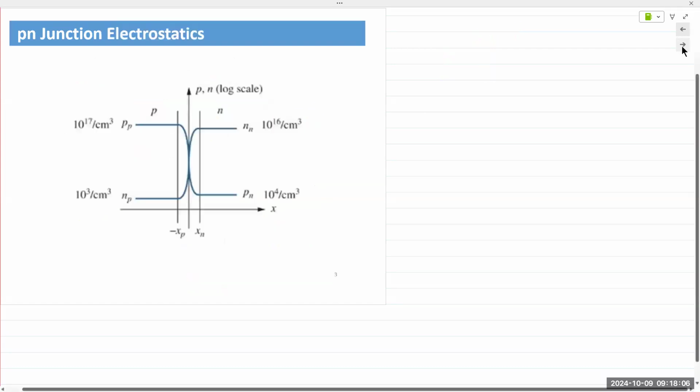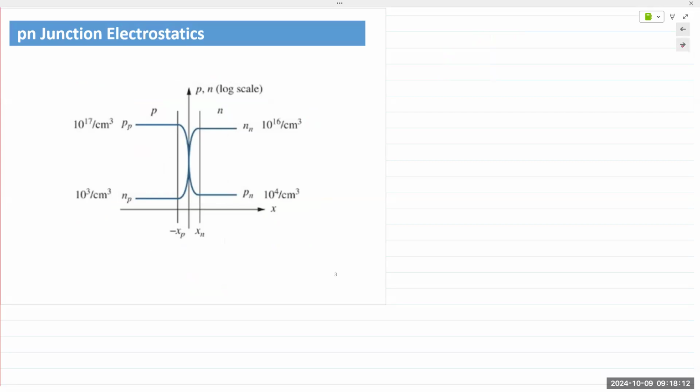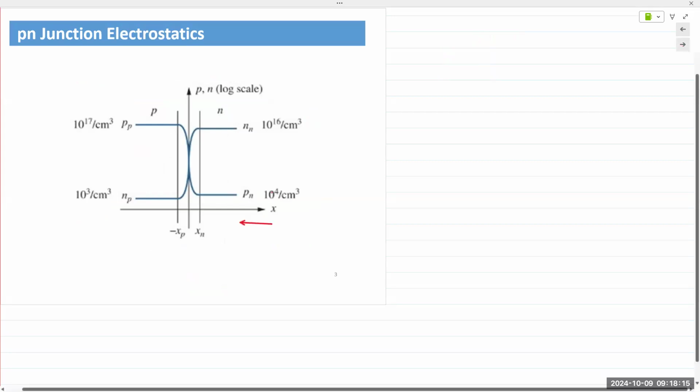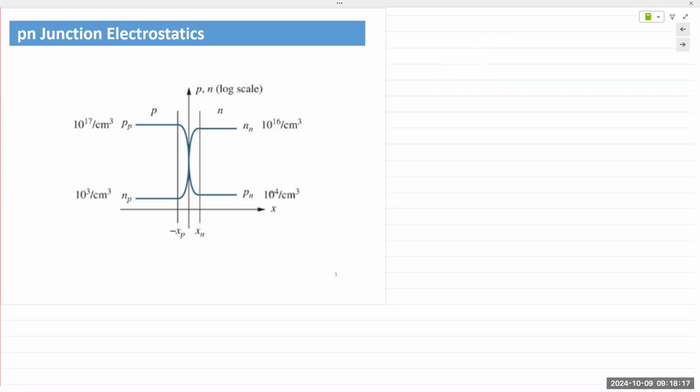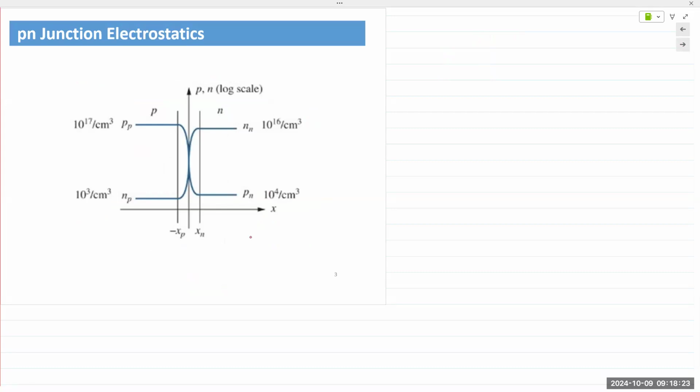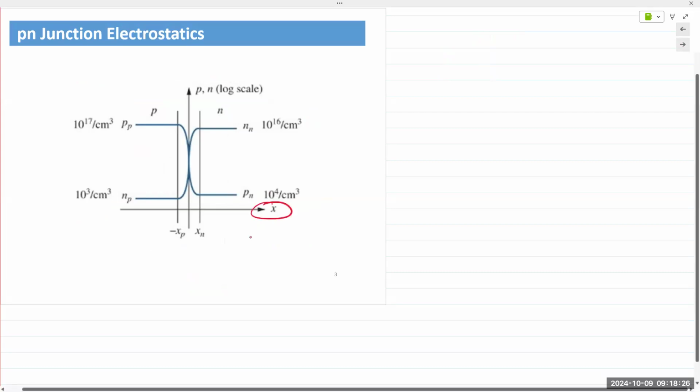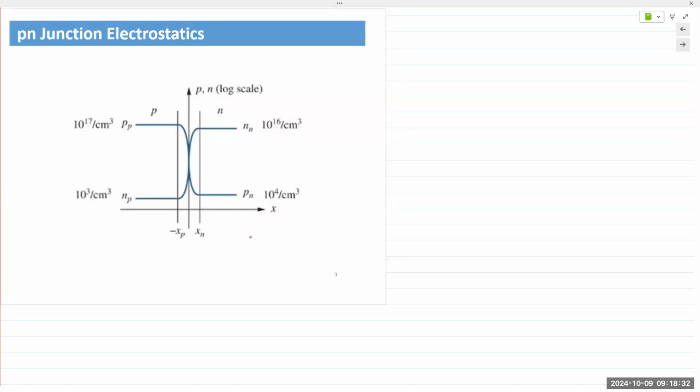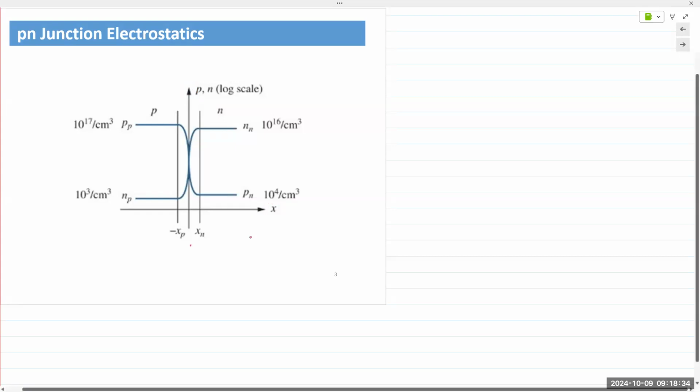Okay, so let's take a look at the electrostatics that occur at the junction. So here, there's an arrow pointing in both directions, actually. For reference, in this graph they are pointing towards the flow of the current, and hence they give a positive direction to the right and a positive direction up. But what this graph is actually showing is this is the junction interface right there.